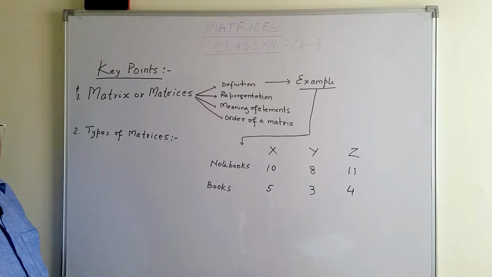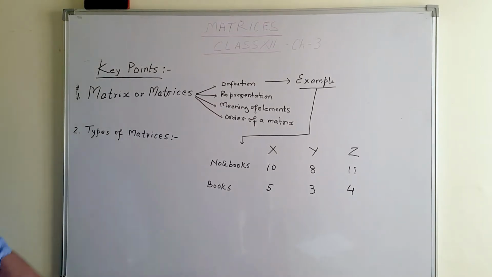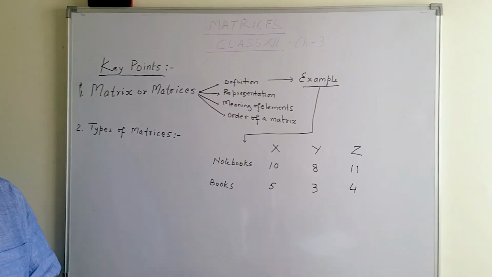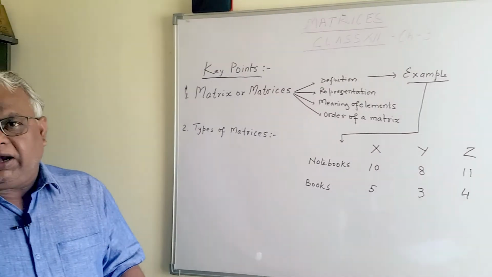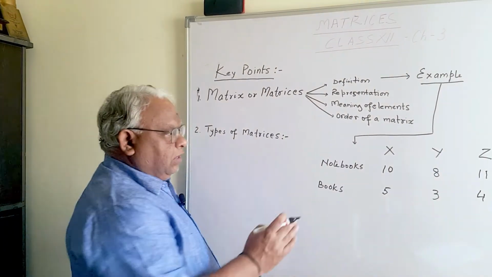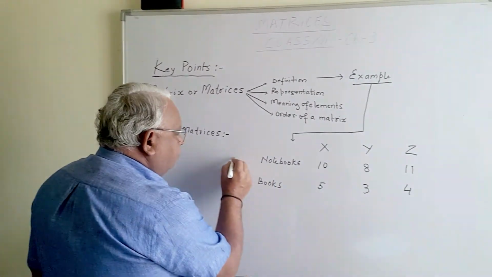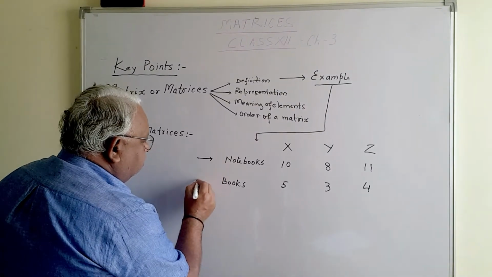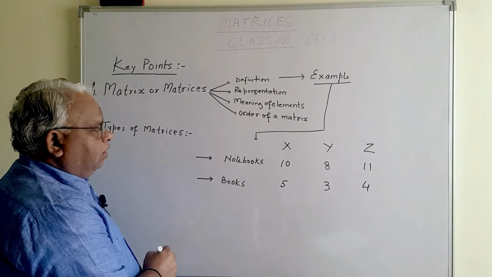Now if you look at this data, what you observe is that this data is written in the form of 2 rows.